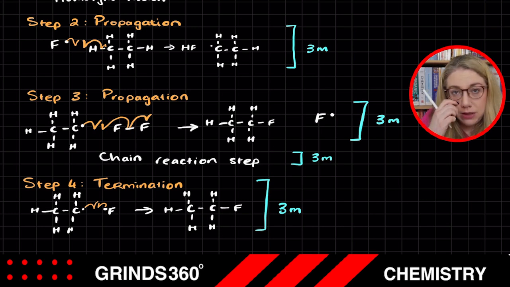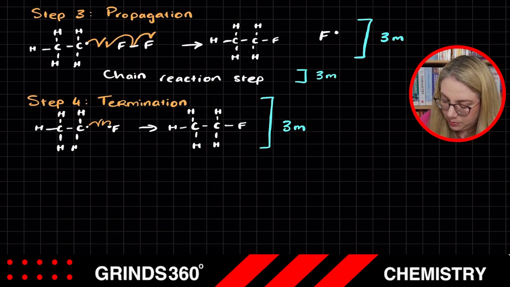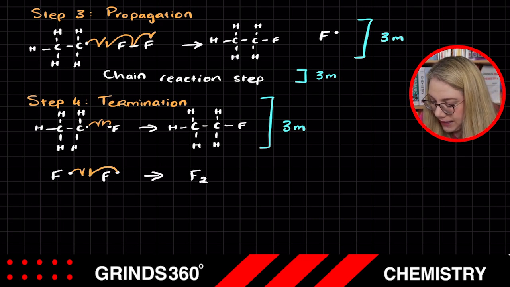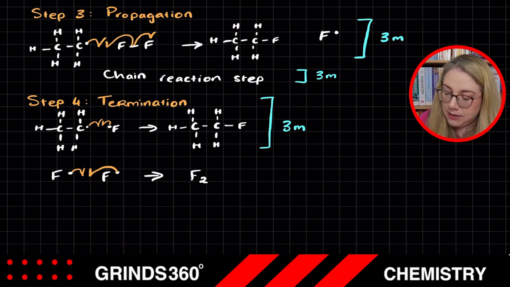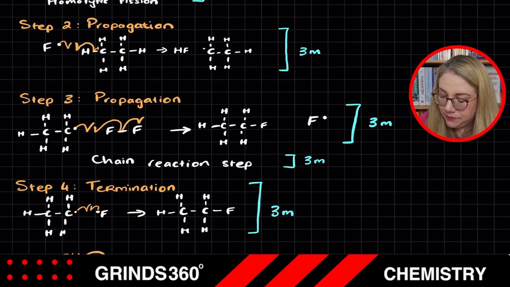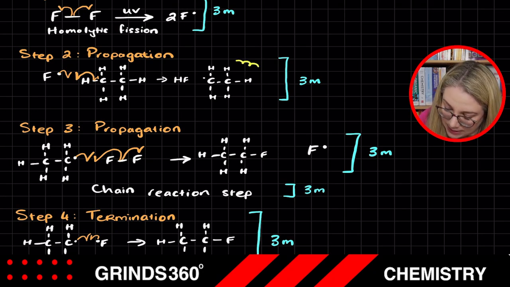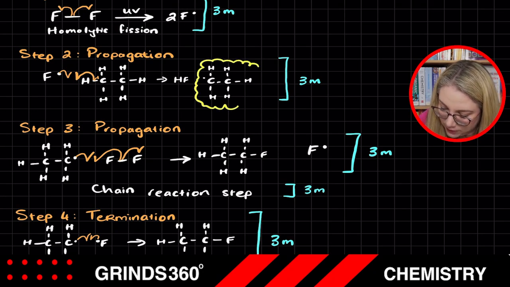Now you can give one of the other termination steps. So my other one, if I move that up, if you have 2 fluorine free radicals combine, form a bond between the 2 fluorine free radicals, that will form F2, or we have the longer chain hydrocarbon. Now here, remember we go up to step 2, the first propagation step, and you identify what your hydrocarbon free radical is.